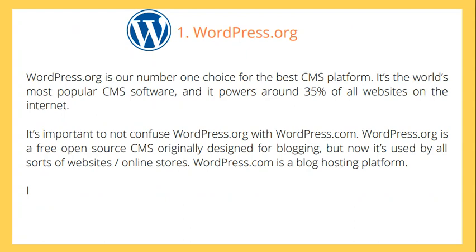It's important to not confuse WordPress.org with WordPress.com. WordPress.org is a free open source CMS originally designed for blogging, but now it's used by all sorts of websites or online stores. WordPress.com is a blog hosting platform.